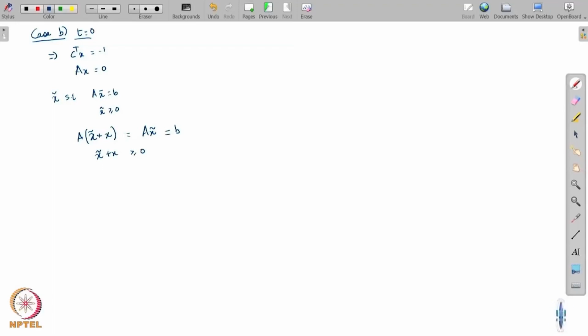Now, remember, we had a name for this: a direction along which you can keep going but without leaving the set. This is a recession direction, right.